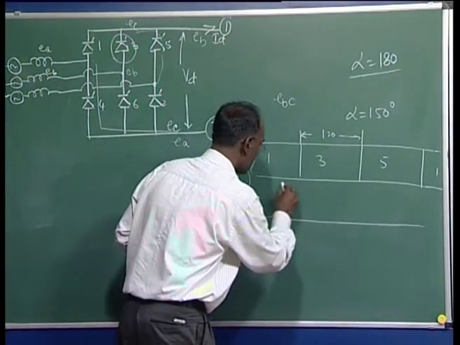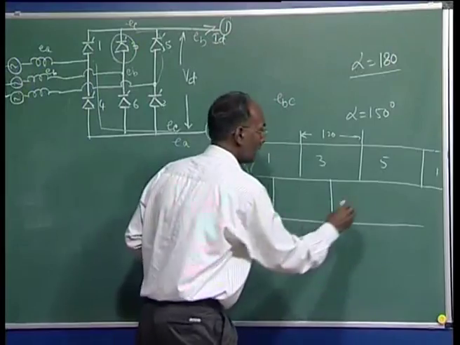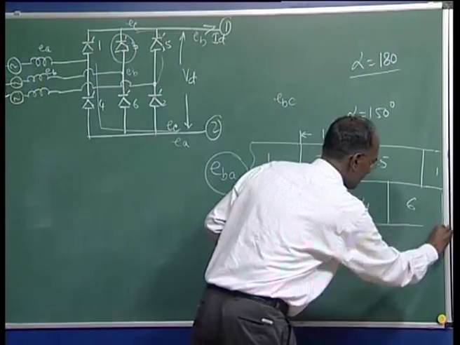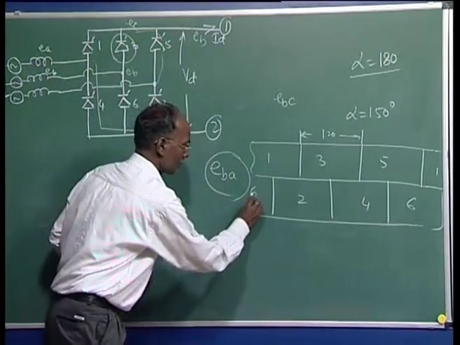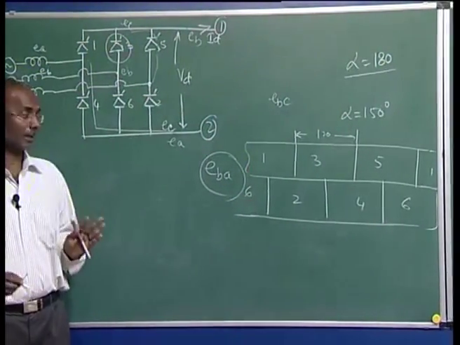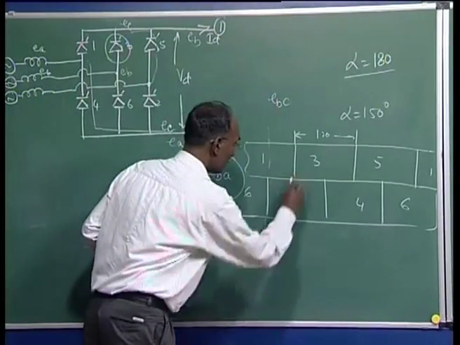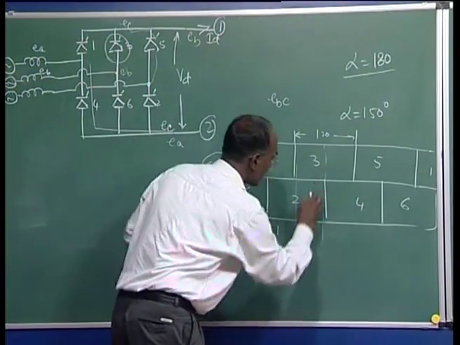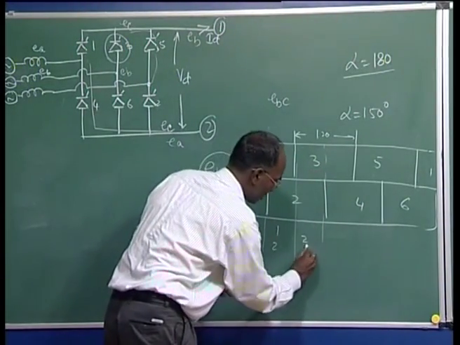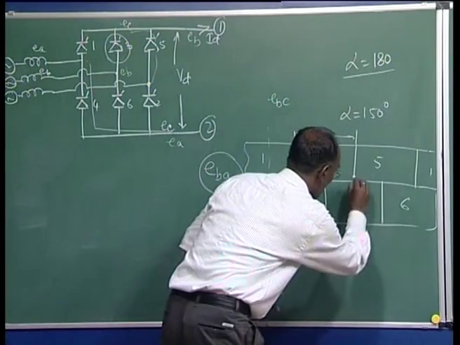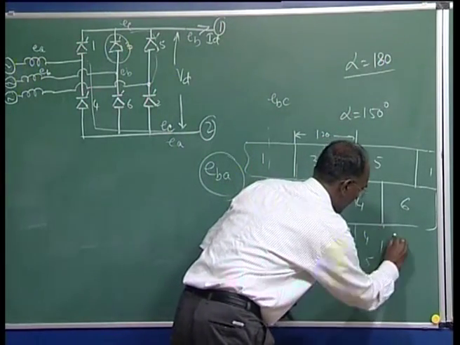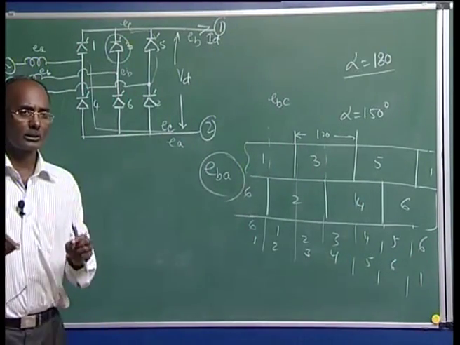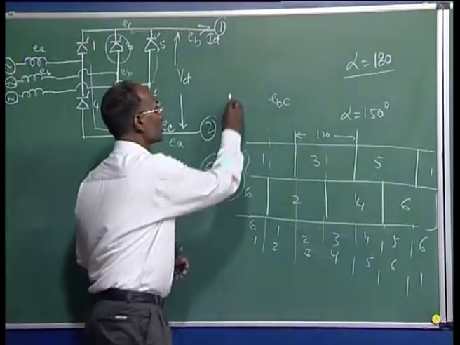Now, here I can say this is half, this is half, this is 2, here it is 4, here it is 6, and again 6, and so on. So, this was the ideal case. You can see here 6 1 was conducting, then 1 2 was conducting, then 2 3, 3 4, 4 5, and again 5 6, and then we have again reached the same point. So, this was the two valve conduction case when u was 0.